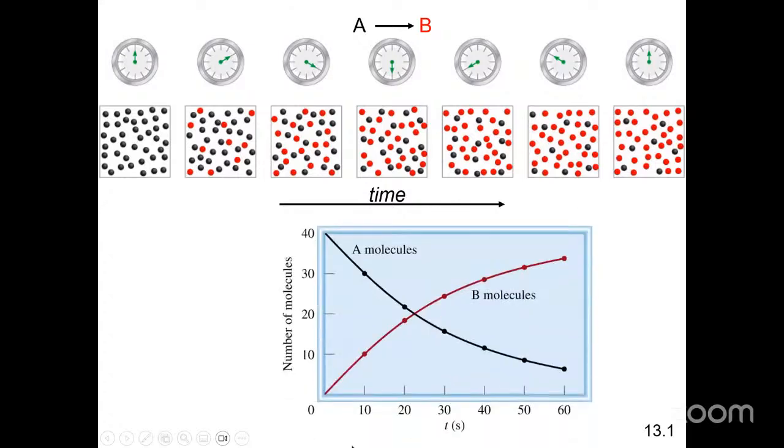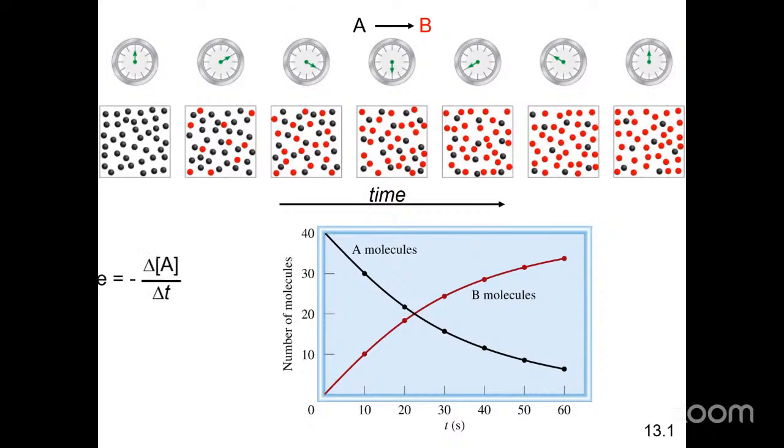So if you were to plot a graph of the number of molecules versus time for both A and B, you'll see that there's a gradual decrease in the number of molecules of A, and correspondingly, a gradual increase in the number of molecules of B. And this is pretty much what you'd observe in the vast majority of cases where you have a reaction taking place, if you were to monitor the amounts of reactants or products.